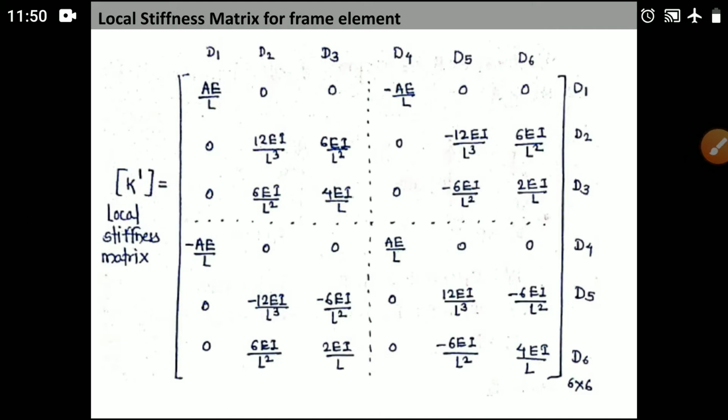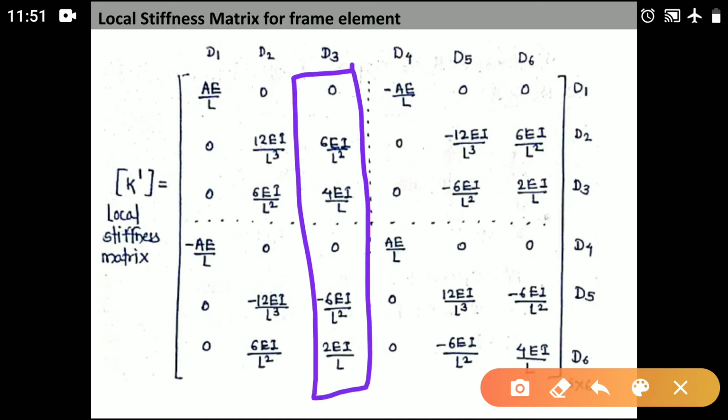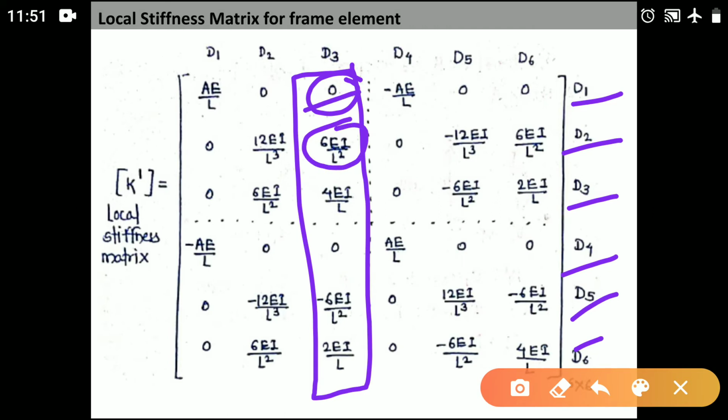For example, one more column we'll see, D3. D3 is the rotation at end A, and the action corresponding to that rotation at end A must be a moment generated at end A, the moment at node A. So in all these six figures, from figure 1 up to figure 6, when D6 is equal to 1, you have to see the moment at A, and that moment according to the figure: this element from figure 1, this element from figure 2, element from figure 3, 4, figure 5 and figure 6.